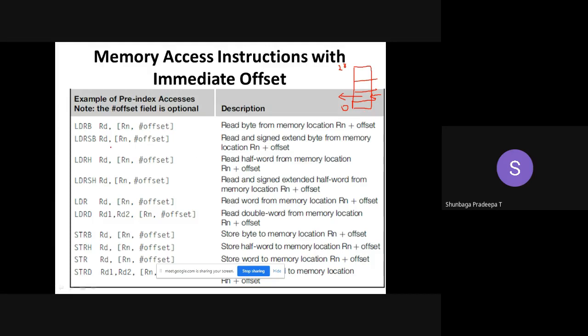So we specify the memory location and access the data from it. For this we use the square bracket. Whatever you give inside the square bracket represents the address, and the square bracket means you are accessing the content at that address.